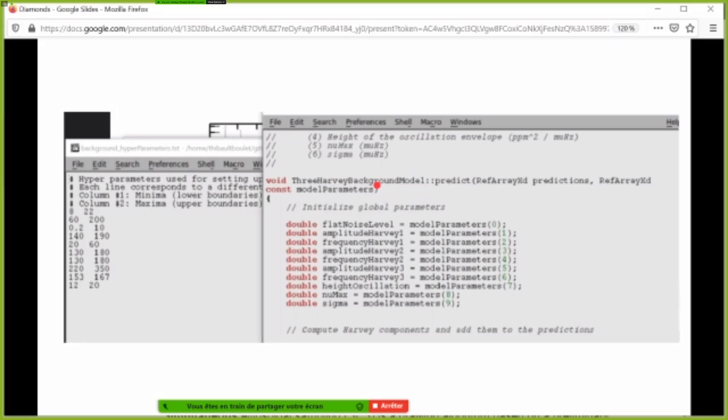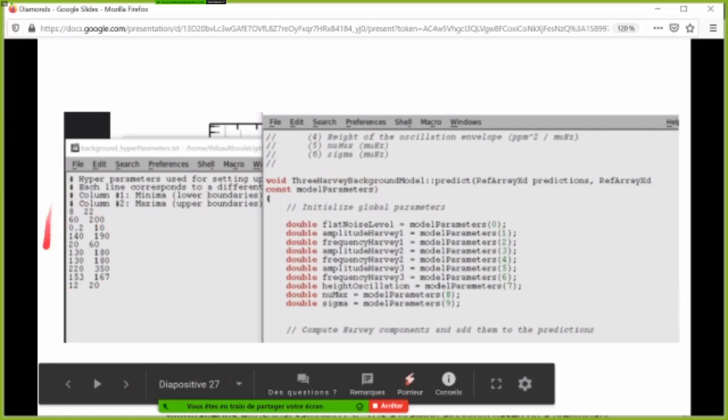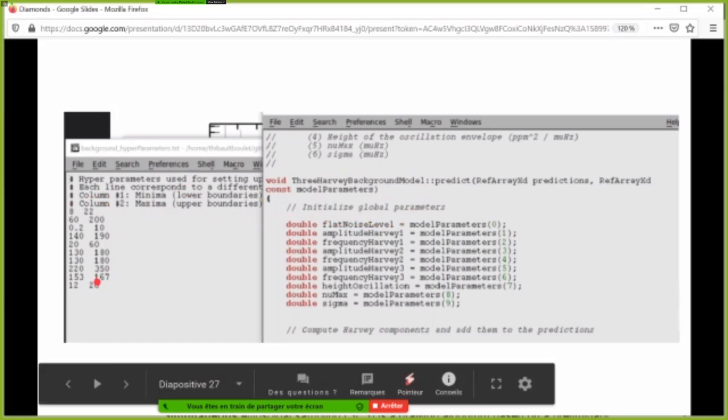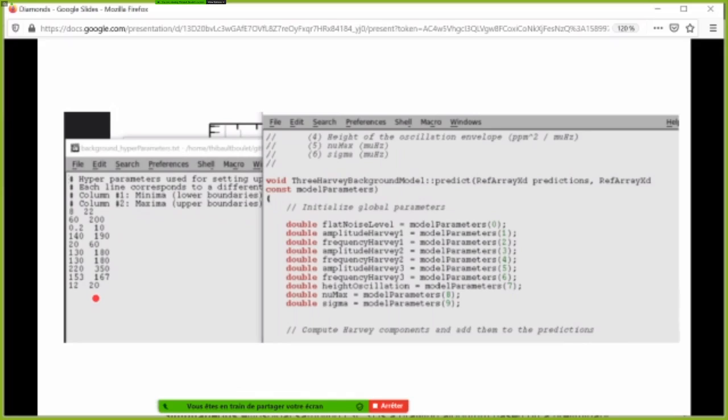What I have to do mandatorily before launching my code is to set my priors for these parameters. They are set uniformly, where each line here corresponds to a line there, the first line here corresponds to the first line here. And I set intervals, for example for the flight noise levels, I said, as far as I know, my guess would be between 8 and 22, and I do this for all the other ones.